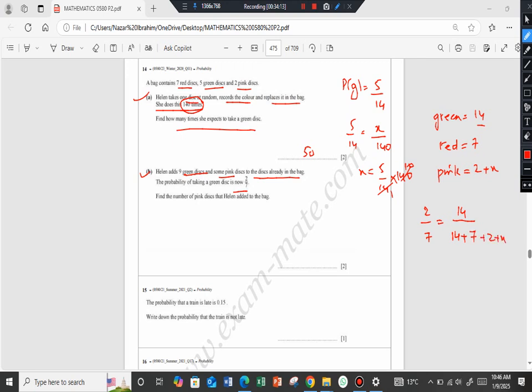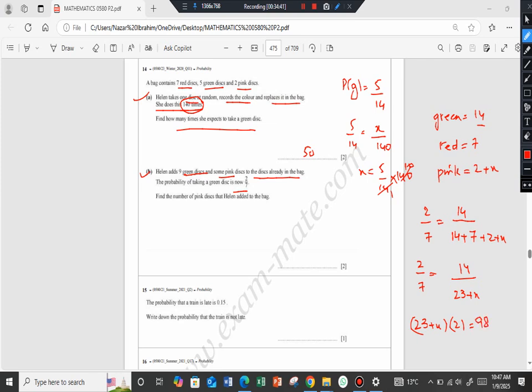Okay, so simplifying this, 2 upon 7 equals 14 upon 14 plus 7, 21, 21 plus 2, 23, 23 plus x, right? So (23 plus x) into 2 equals 7 into 14. 14 into 7 is 98, right?